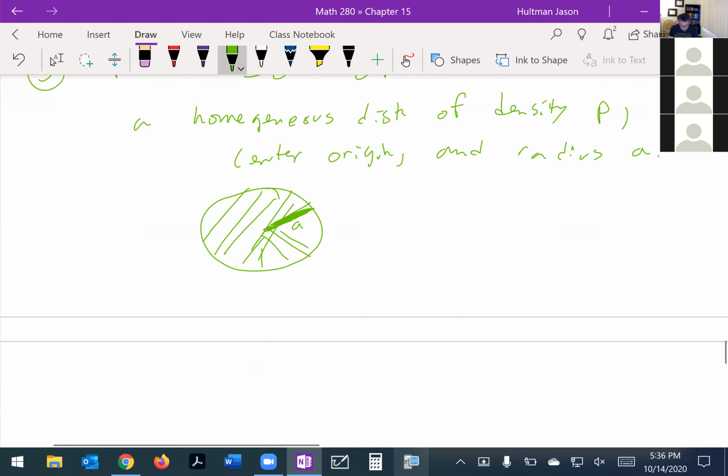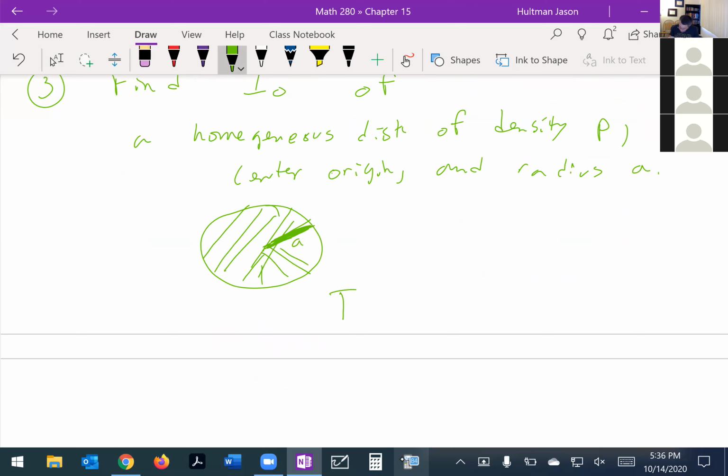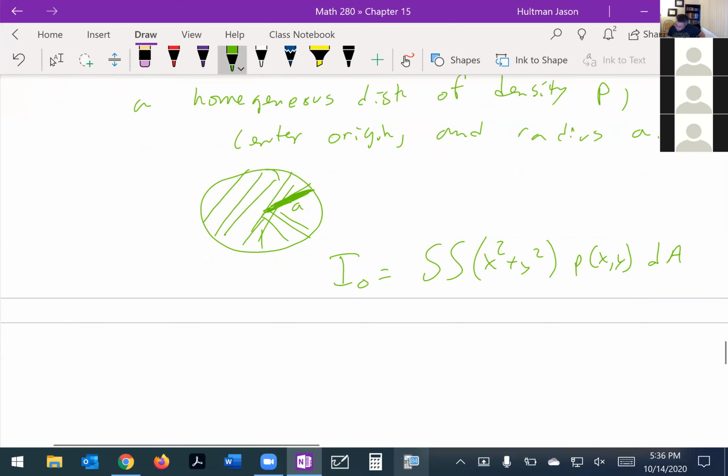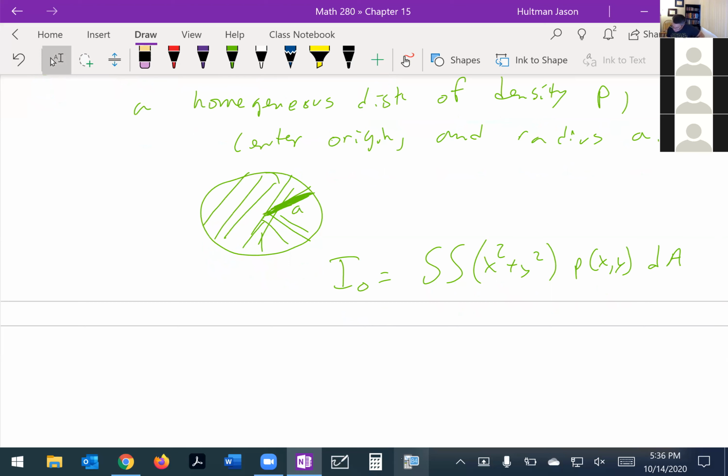Okay, so what's this going to be? Well, this is going to be I_0 equal to the double integral of (x squared plus y squared) times rho(x,y) dA.